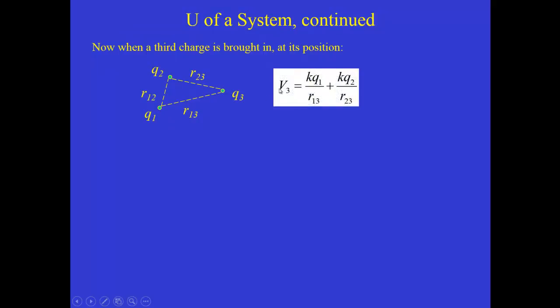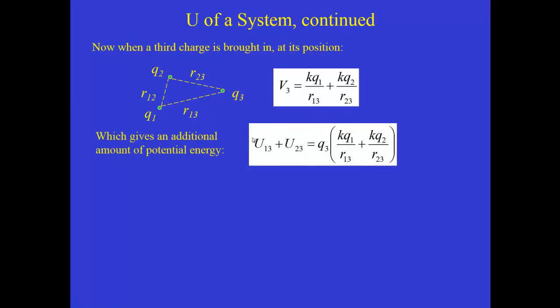So V3 is KQ1 over R13, and then KQ2 over R23. Add those together, that gives us the net potential at this location, so that if we bring Q3 in from infinity to that point, it gives an additional potential energy equal to Q3 times V3. And so it's the sum of those two terms.